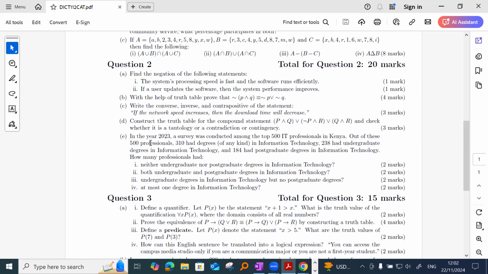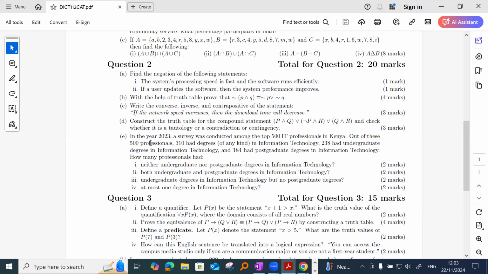Out of these 500 professionals, 310 had degrees of any kind in information technology, 238 had an undergraduate degree in information technology, and 184 had postgraduate degrees in information technology. How many professionals had neither undergraduate nor postgraduate degrees in information technology, both undergraduate and postgraduate degrees, undergraduate degrees but not postgraduate degrees, and at most 1 degree in information technology?